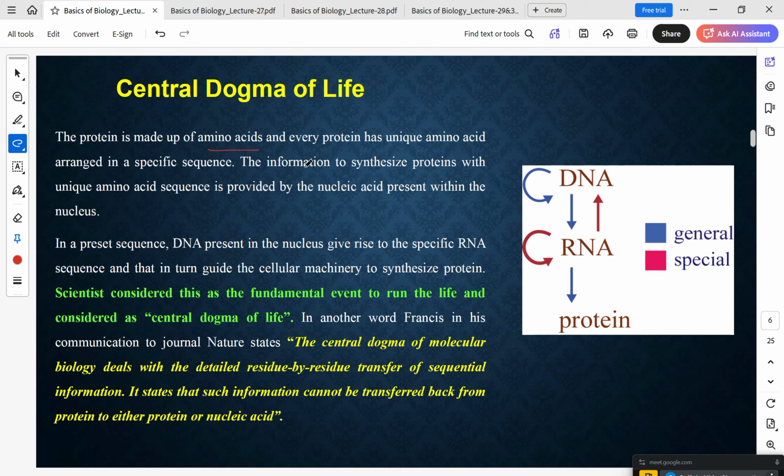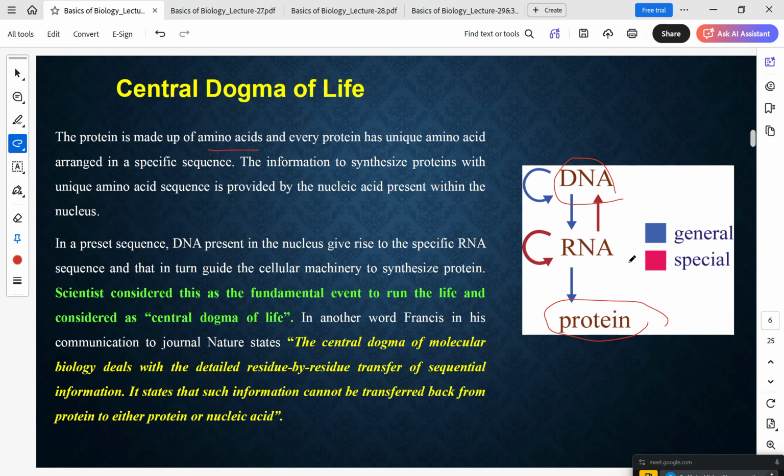So note, if you are looking at two very different proteins, there will be very little similarity between these two proteins. The information to synthesize these proteins is present in the nucleic acids of the cell, specifically in the DNA. This has some exceptions, we'll discuss that, but the final information that gets copied onto the proteins is present within the DNA of the organism.